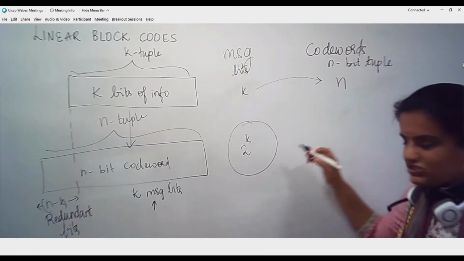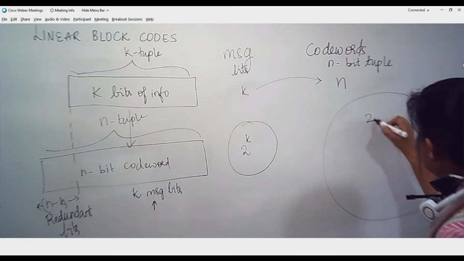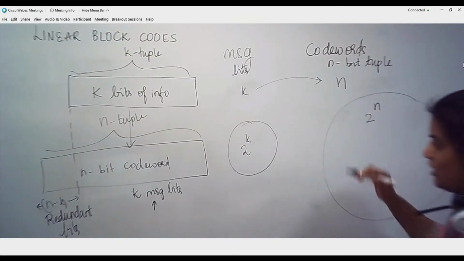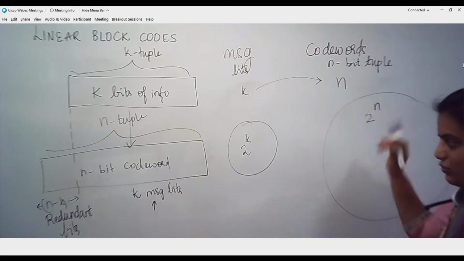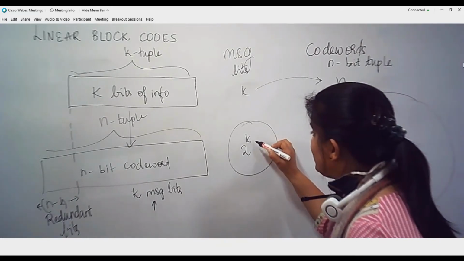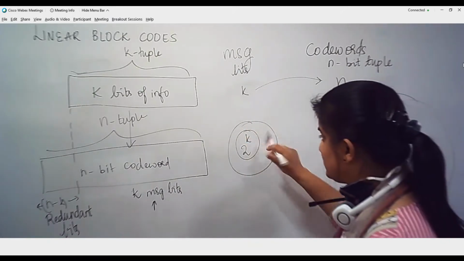Here 2 power k combinations will be there. Here I have an even bigger space which consists of 2 power n combinations. But out of these 2 power n combinations, there could be multiple zeros and ones which can occur. But out of these 2 power n combinations of code words that are possible, I am only picking the 2 power k combinations of messages into consideration.